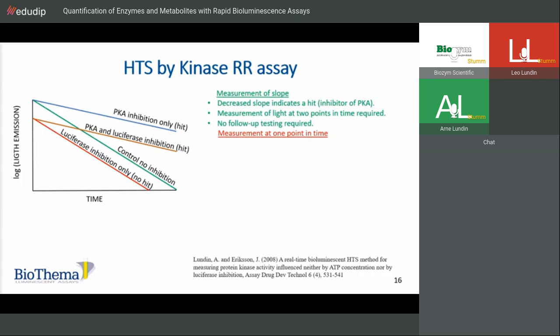If you measure light at only 1 point in time, then you will still see the PKA inhibitor. But readings below the control, below the green line, cannot be interpreted.